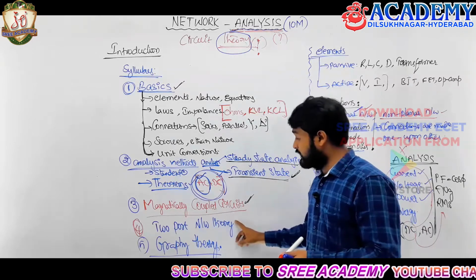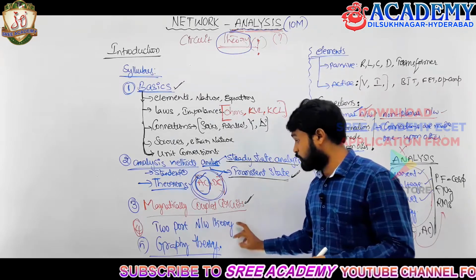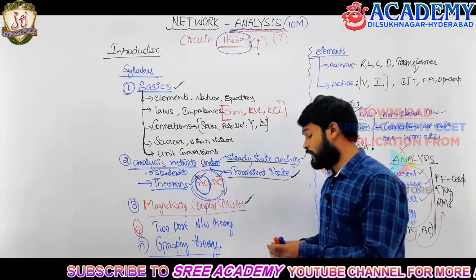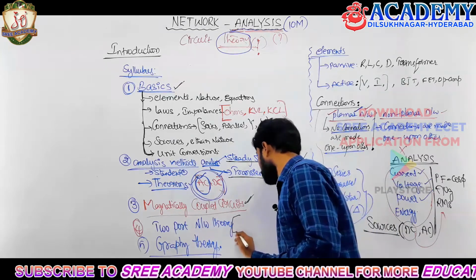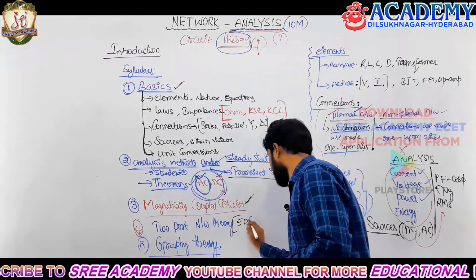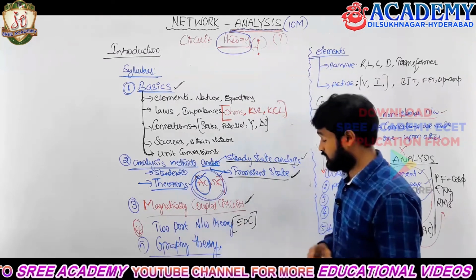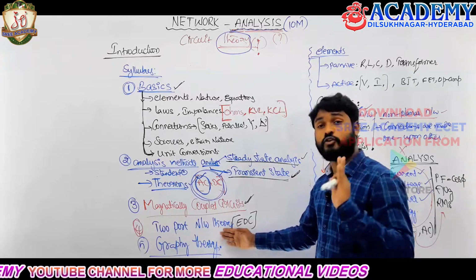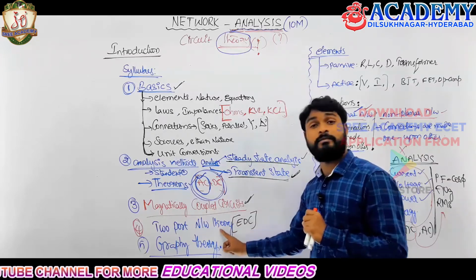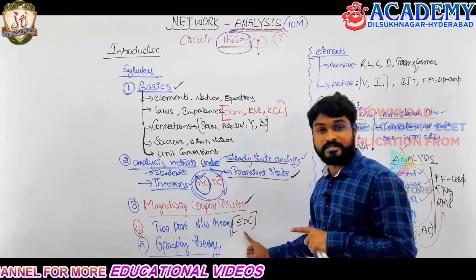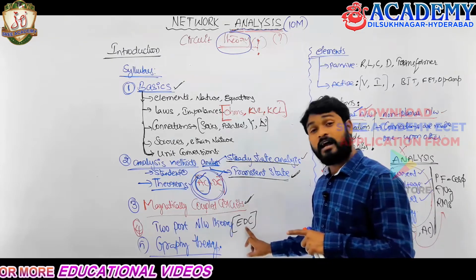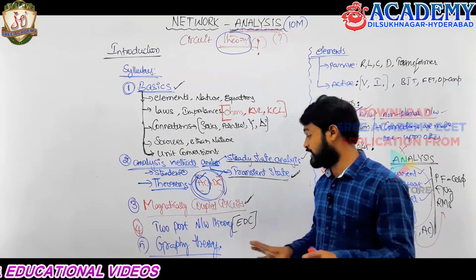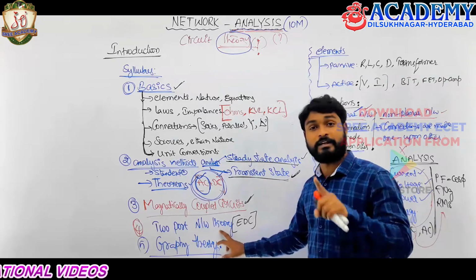Two-port theory is very helpful to deal with EDC, whether for triple or ECE. This topic will be used throughout your EDC subject. If you understand this, you can understand EDC well.